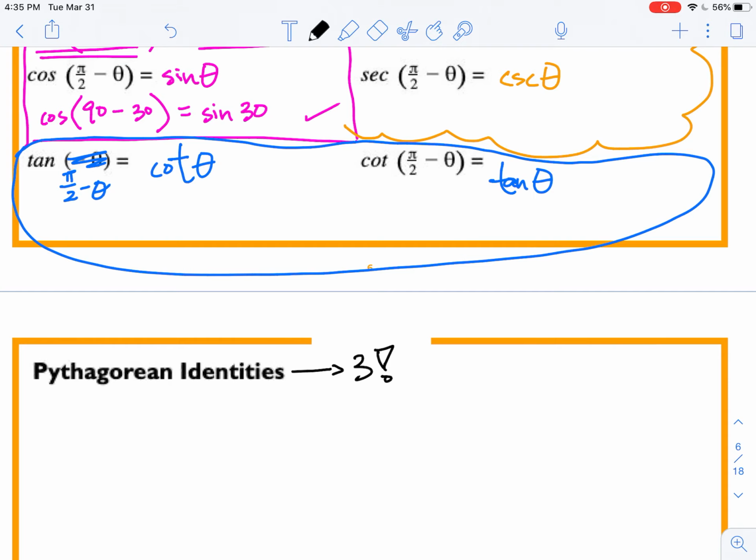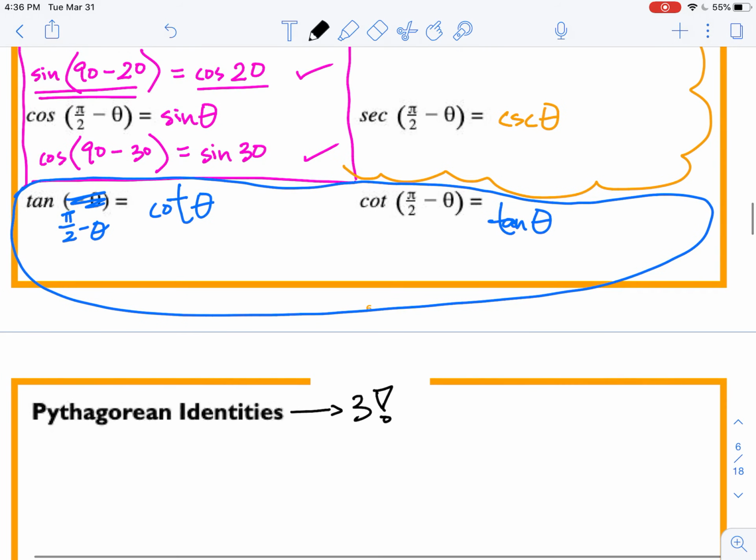And I don't know about you, but for me, sometimes I just can't memorize everything I need to. And so with the Pythagorean identities, I actually choose to memorize one of them, and then I know how to get from that one to the other 2. So really, I just have to memorize one.